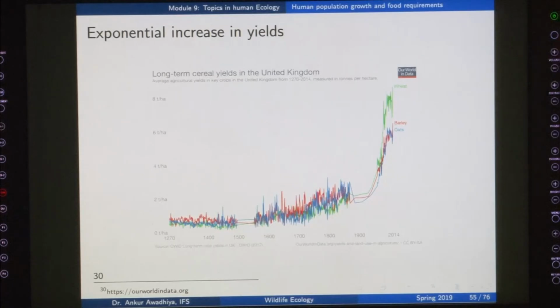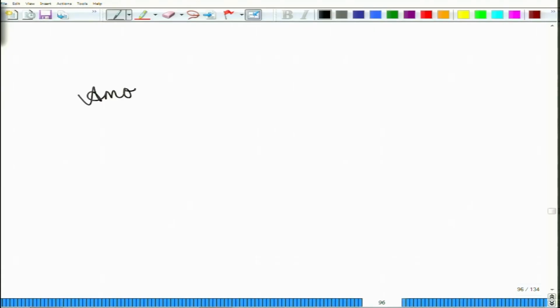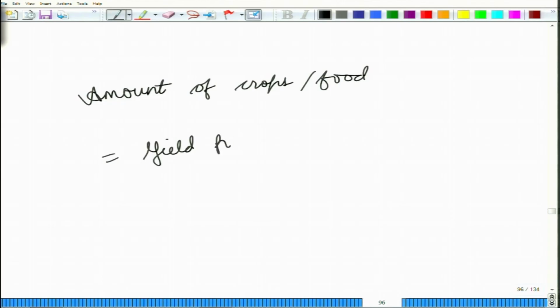Here we are saying that the total amount of crops or the amount of food can be represented as the yield per acre multiplied by the number of acres, and we see that the yield per acre has been increasing with time.